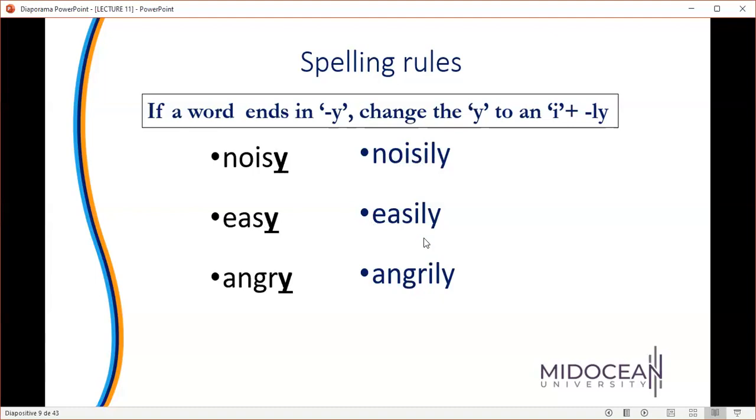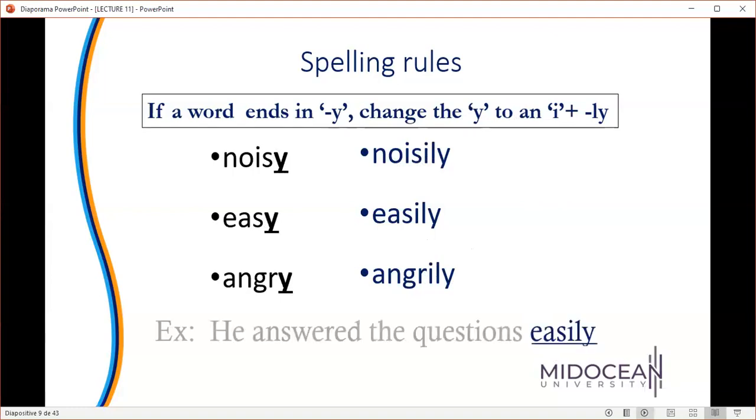Easy, easily, angry, angrily. So we change the y to an I plus ly, okay? So this is concerning the spelling rules. Example, he answered the questions easily.